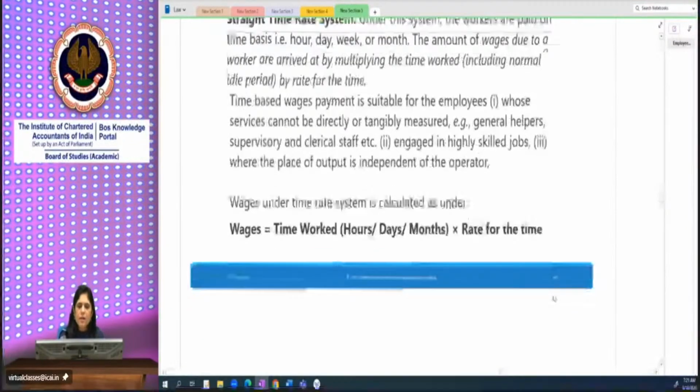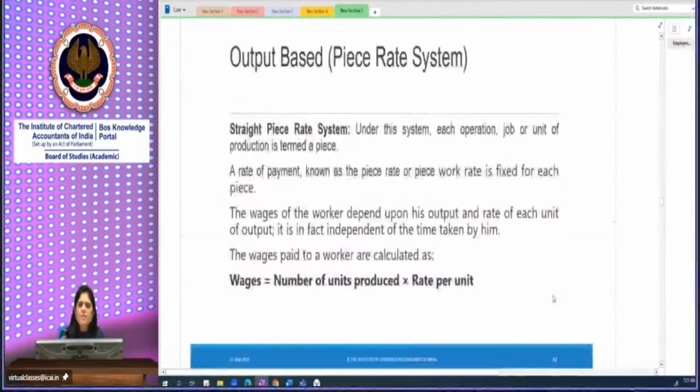All right. Moving on to piece rate. Piece rate means output based. Output based is whatever units you have produced. So you can see number of units produced into rate per unit. Whatever wages they will be getting depends on whatever output they have produced in a day, and what is the rate per unit of that output.